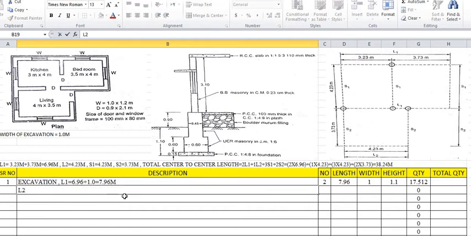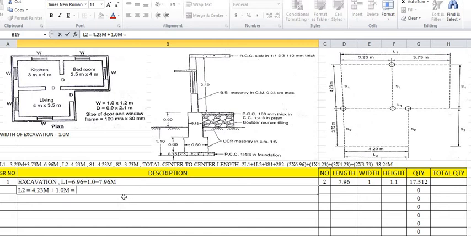The same calculations are to be repeated for L2. What is the length of long wall L2? That is 4.23, but before this it has to be added with the width of the section. The width of section is 1 meter.